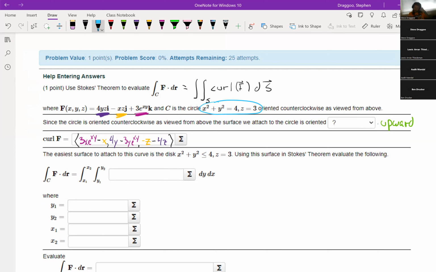So I'll take a look at that surface. But this one's got a bit of a shortcut to it, because we're in the plane z equals 3. That is the equation of that surface. Our region's a circle, but it's in the plane z equals 3. If we need a normal vector to the plane z equals 3, that's just 0, 0, 1, because it's got to point straight up.